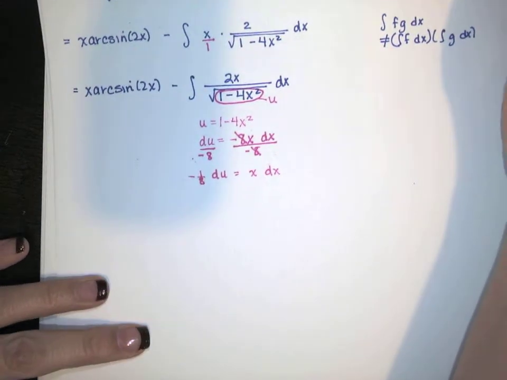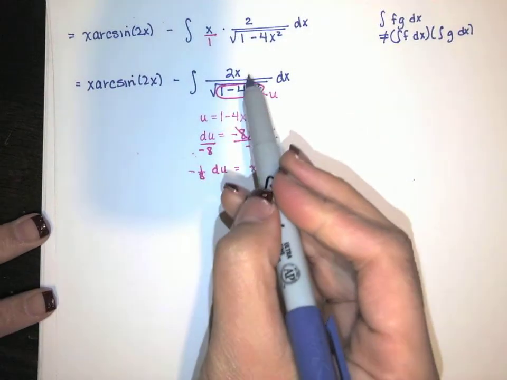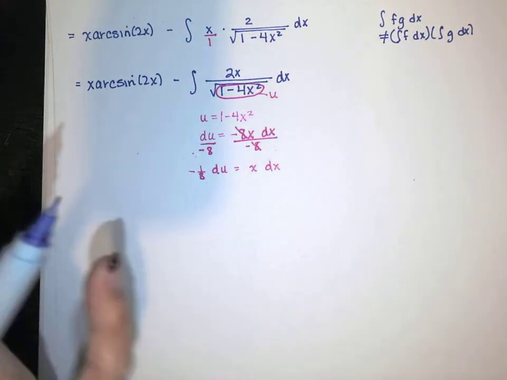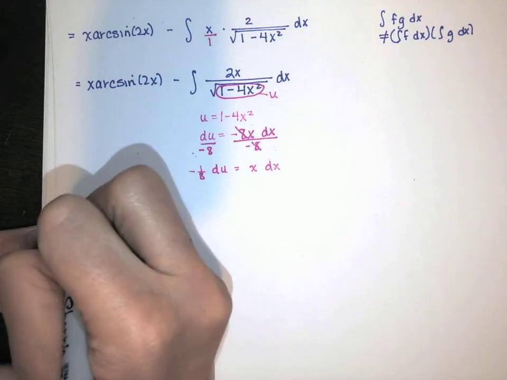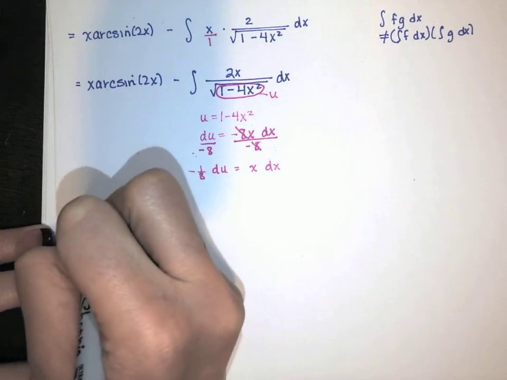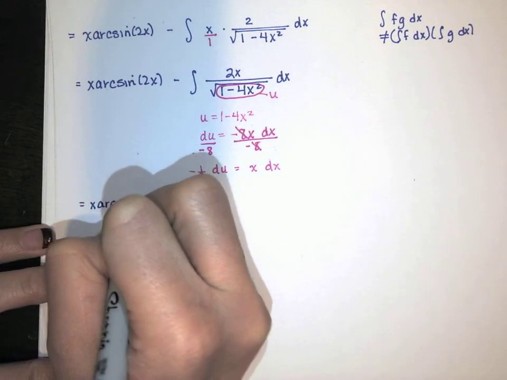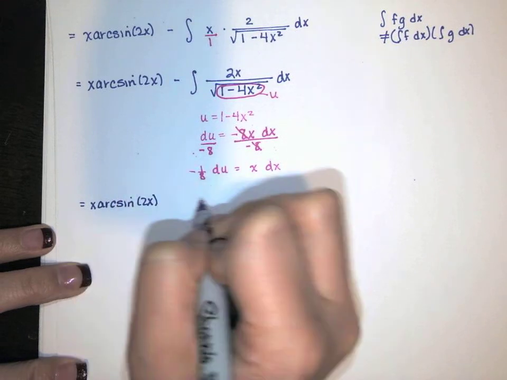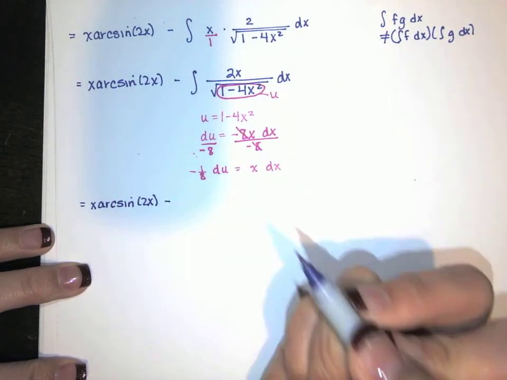Either way is fine with me as long as you don't mix variables. There should not be x's and u's in your integral. It's either x's or u's, not both, unless we're in Calc 3. Then we have more than one independent variable, so that's fine.